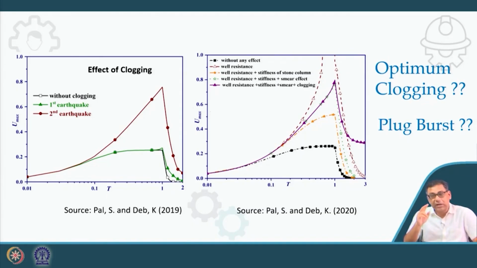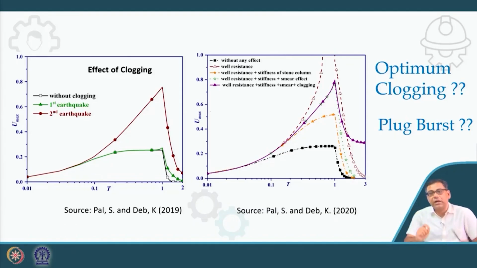But in the case of a second earthquake, if the column has already been clogged during an earlier earthquake, then it will show a significant effect and reduce the drainage performance even during the earthquake, as well as after the earthquake.